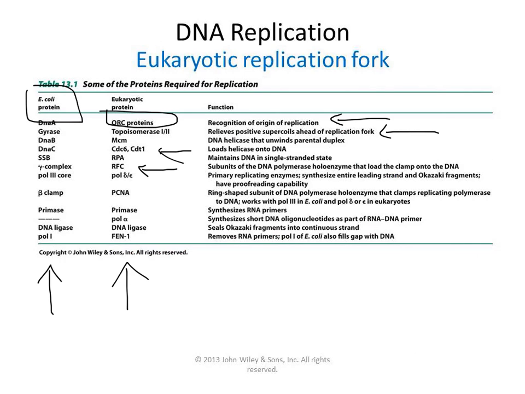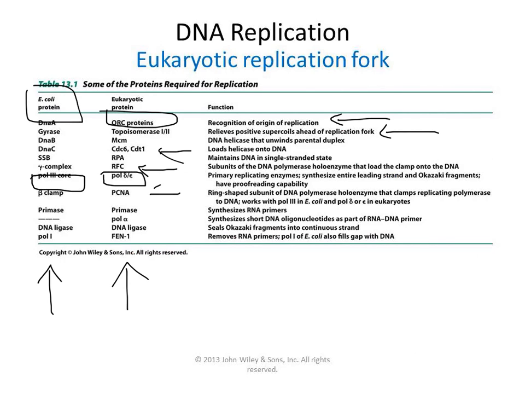And there are also some DNA polymerases that have been discovered. In prokaryotes, DNA polymerase III produces both the leading and lagging DNA strand. However, in eukaryotes, you're going to see that there are two different polymerases. The delta and the epsilon DNA polymerases are important in replicating those two strands.